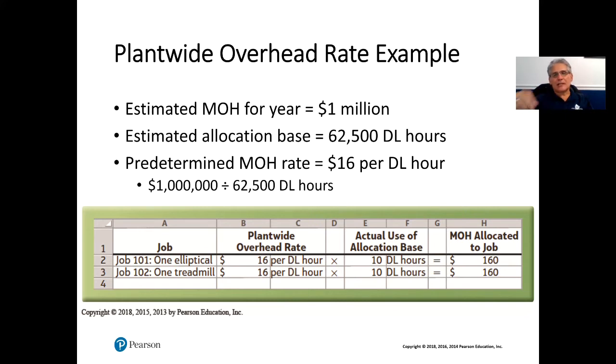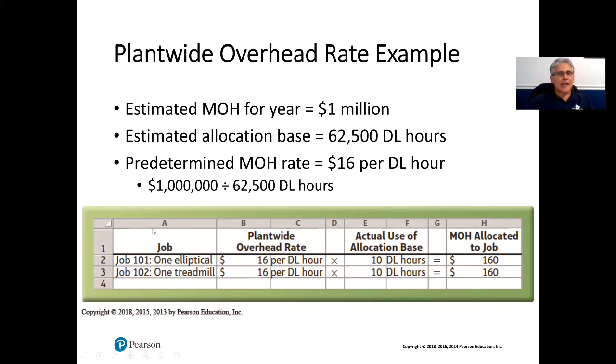It is the allocation base we're going to use to allocate indirect costs to jobs, or whatever the objective is. And we're going to come up with a predetermined MOH rate. We're going to take $1 million and divide that by 62,500 direct labor hours. So the answer is $16 per direct labor hour.